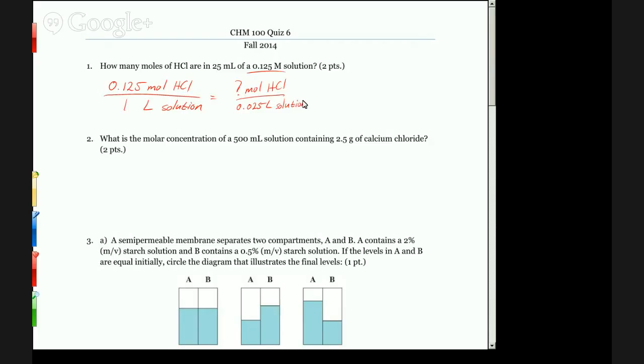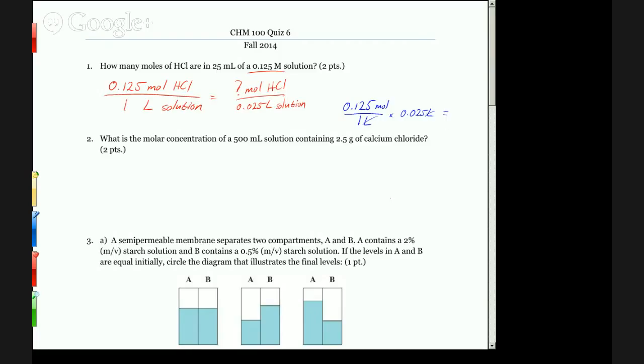The other way to do it is to set it up as a problem and say 0.125 moles per 1 liter multiplied by 0.025 liters. Liters will cancel and you get moles.